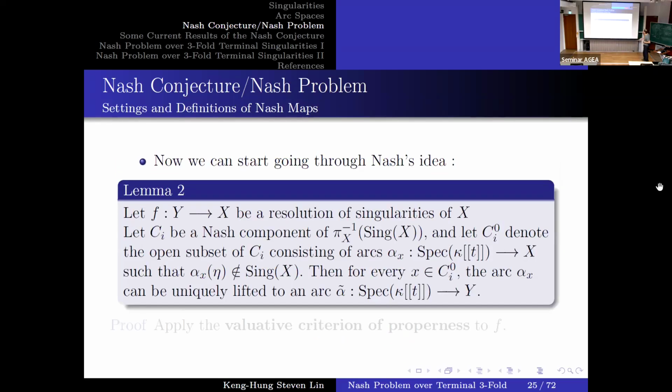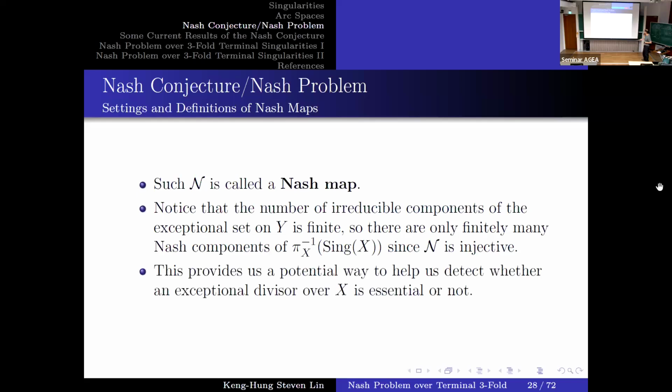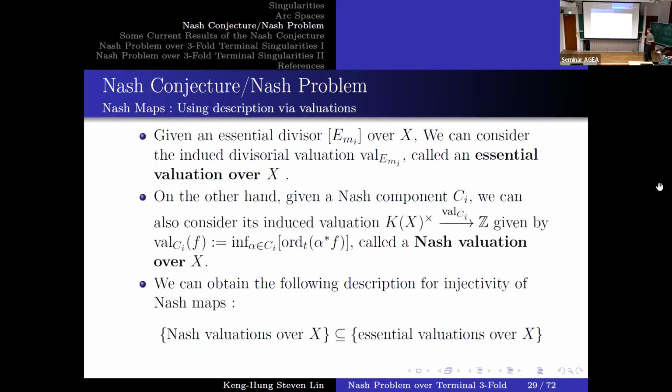Okay, so this slide is telling you that if we have a divisor which is essential, I can consider its associated valuation, which is called an essential valuation. And for a Nash component, I can consider its associated valuation, defined by this, called a Nash valuation.